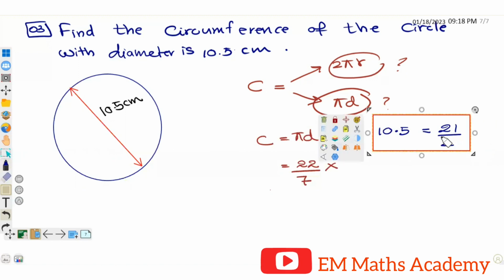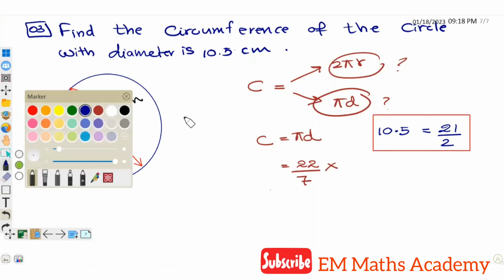Yes, if you divide 21 by 2, then you obtain 10.5, or if you multiply 10.5 by 2, you can obtain 21. Okay, remember that this is a very important point.